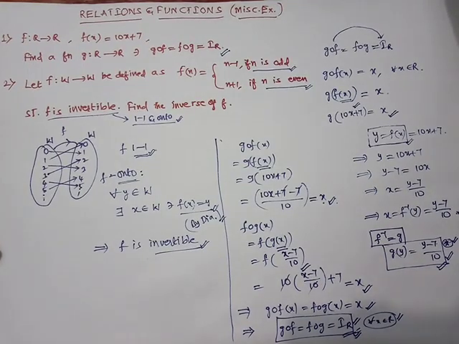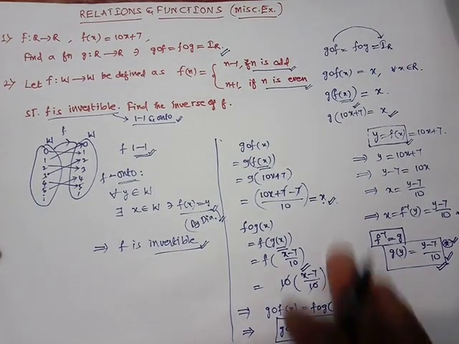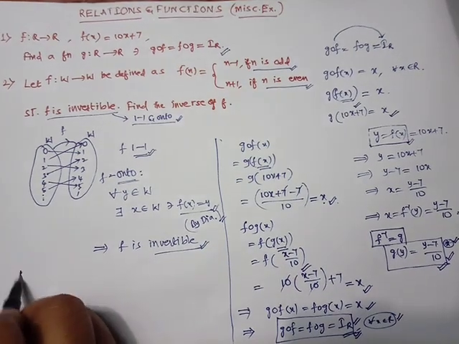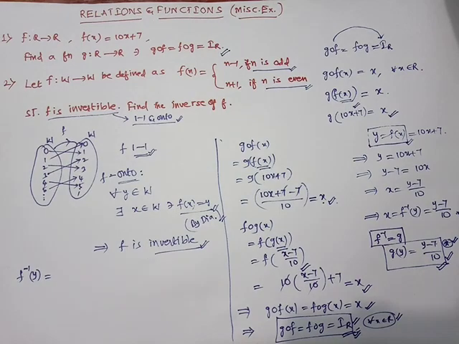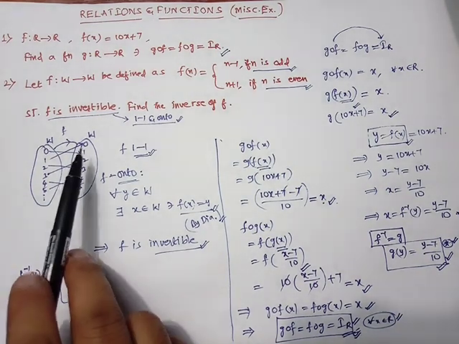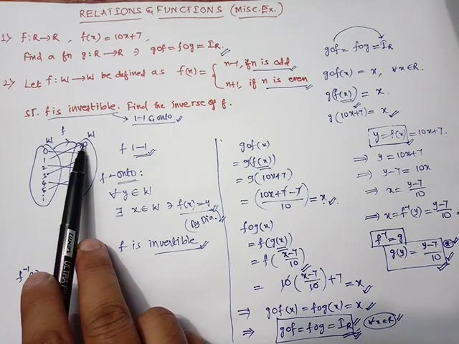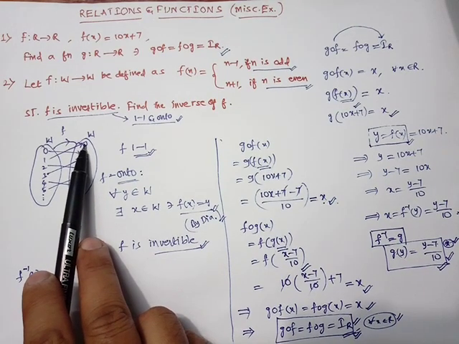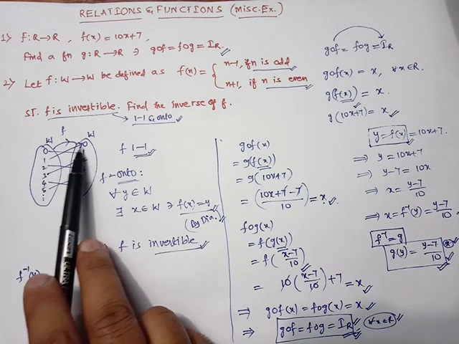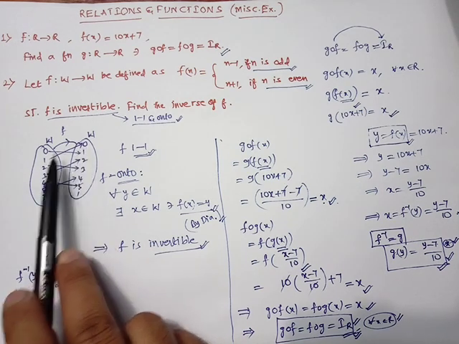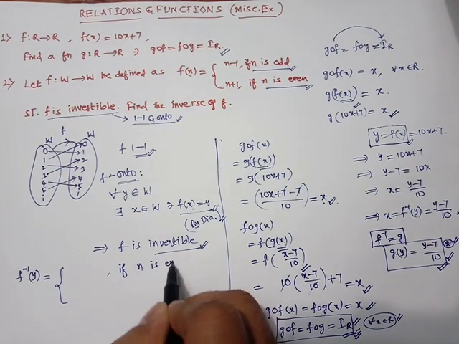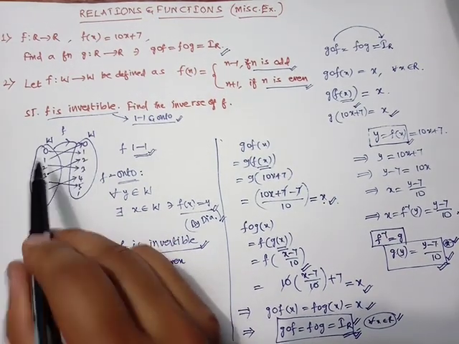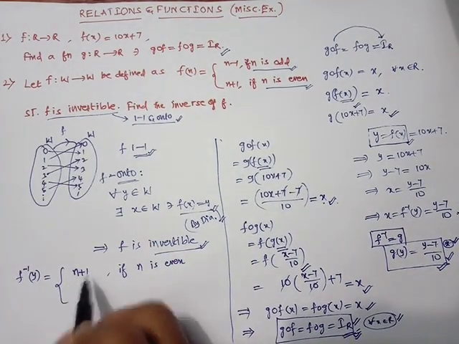Now coming to the next part, we need to find the inverse of f. How can the inverse be taken? Now f inverse of y will be defined in this manner. From the second set, f inverse of 0 is equal to 1. At the time of even, it is n + 1.